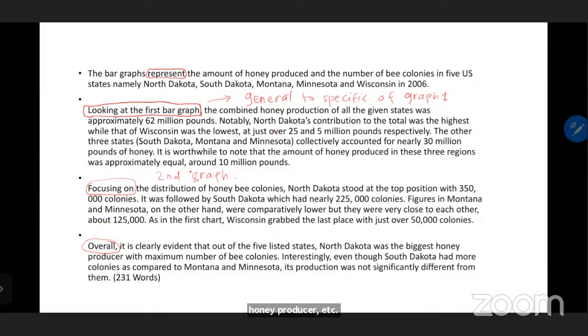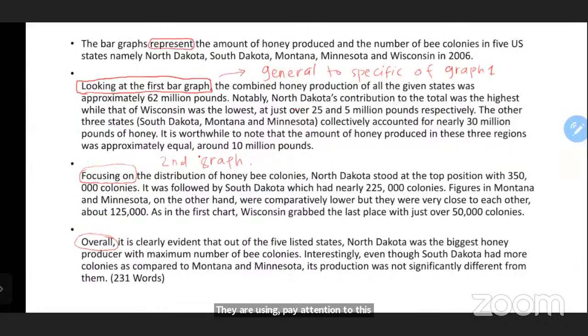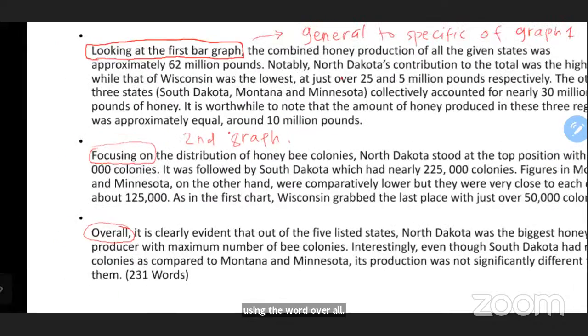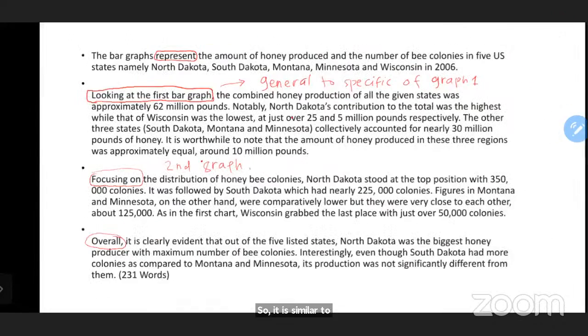Pay attention to this one, they are using the word overall. So it is similar to a conclusion, but they don't say the words in conclusion. Okay, so if you want to conclude the data, you have to use the word overall. Okay, and here in the final paragraph, you don't use your own opinion.